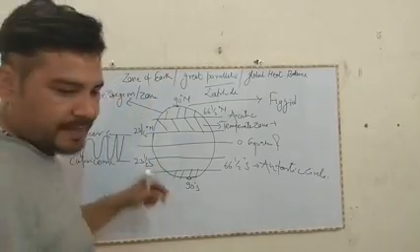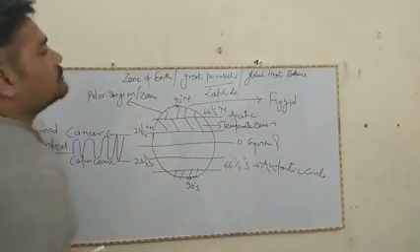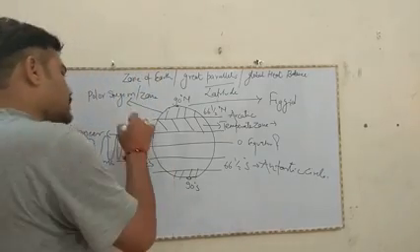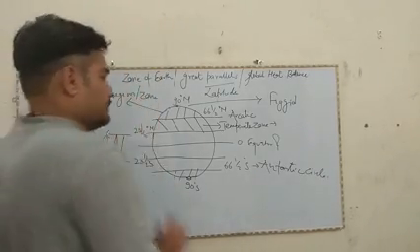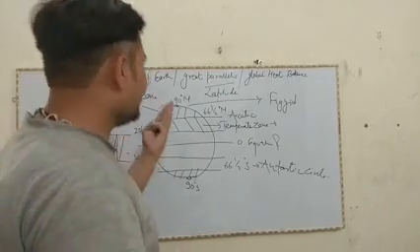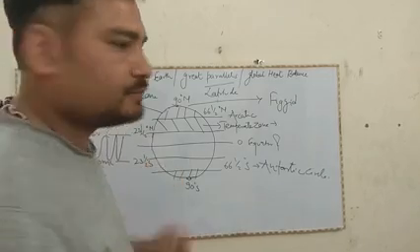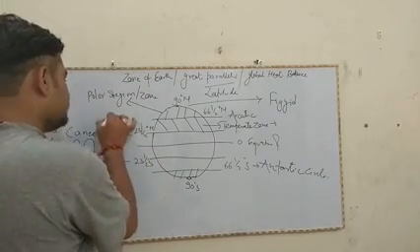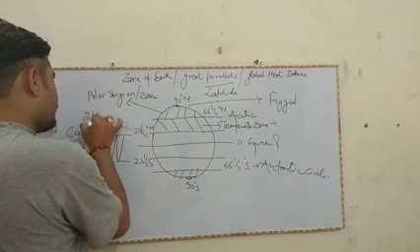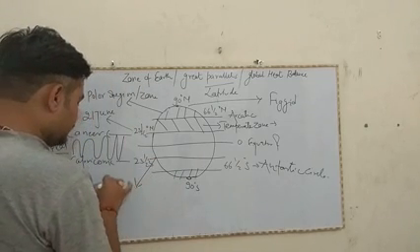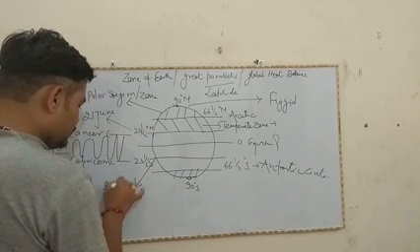Let me make little things more clear about the global heat balance. As we know, the ray of sun is directly inclined to 23 and a half degree north on 21st June, and that is directly inclined to 23 and a half degree south on 23rd December.